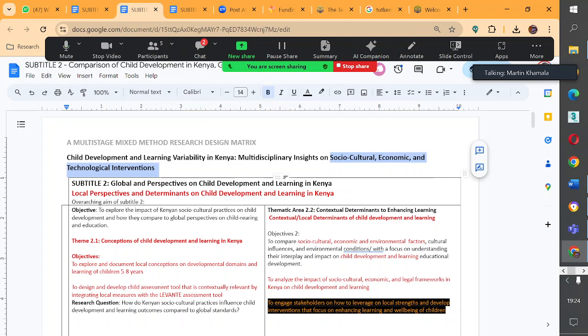And in that way, the technology, the tools and the processes, would be instruments for collecting data, and also instruments that help us to know what it is we're measuring using the Levante framework or the Levante tool.